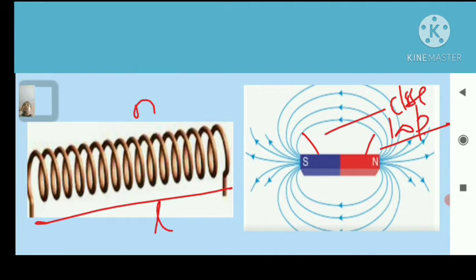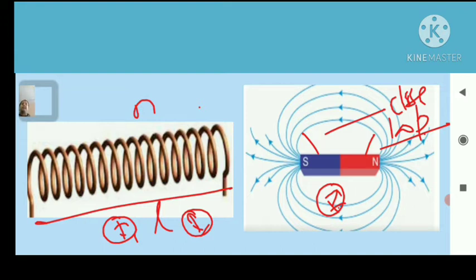If a magnetic needle is brought near this solenoid and then near a bar magnet, it is observed that the deflection of the needle is similar in both cases.